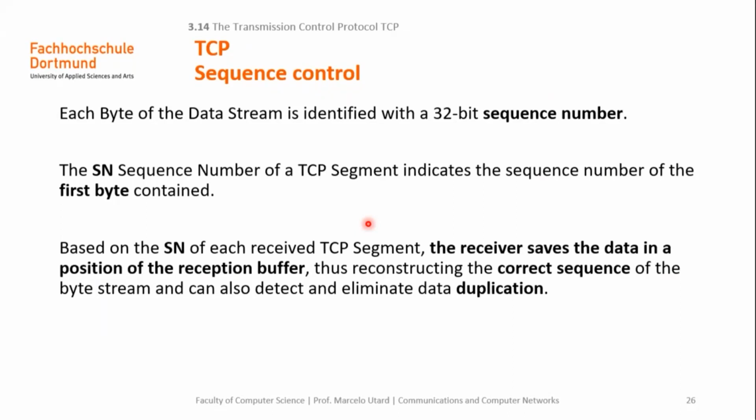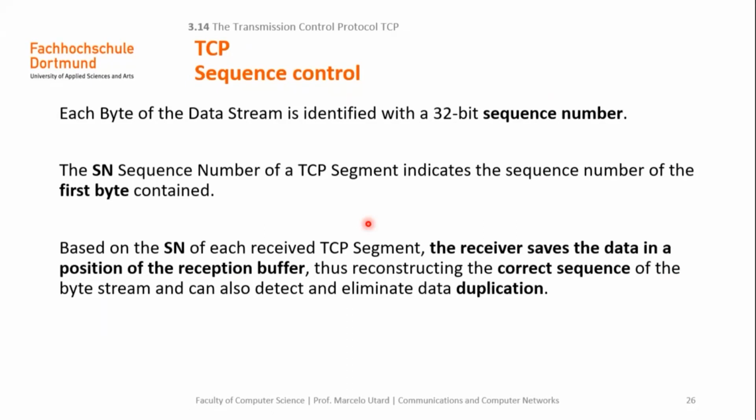Based on the sequence number of each received TCP segment, the receiver saves the data in a position of the reception buffer, thus reconstructing the correct sequence of the byte stream, and can also detect and eliminate data duplication.